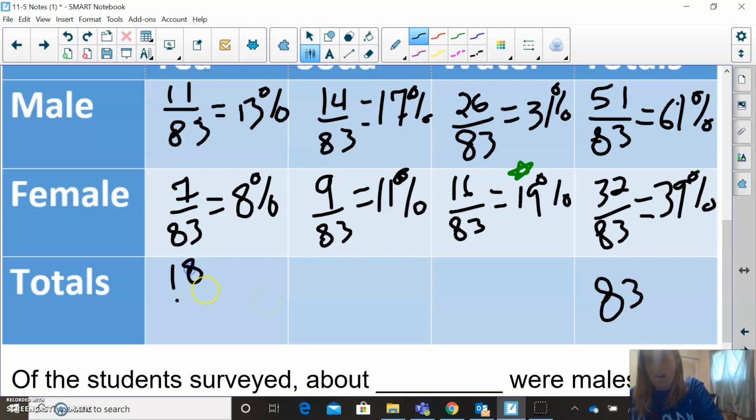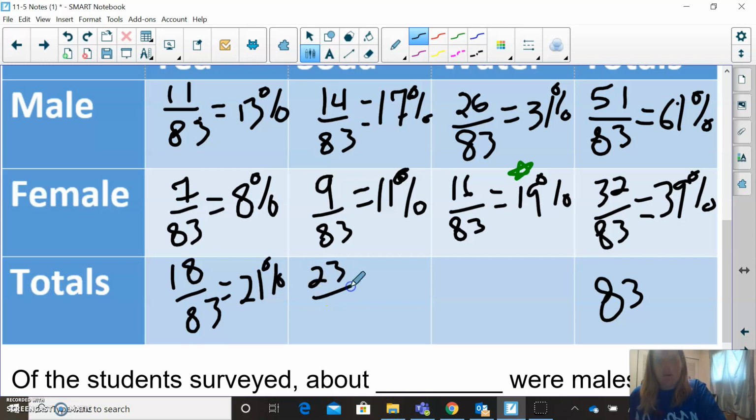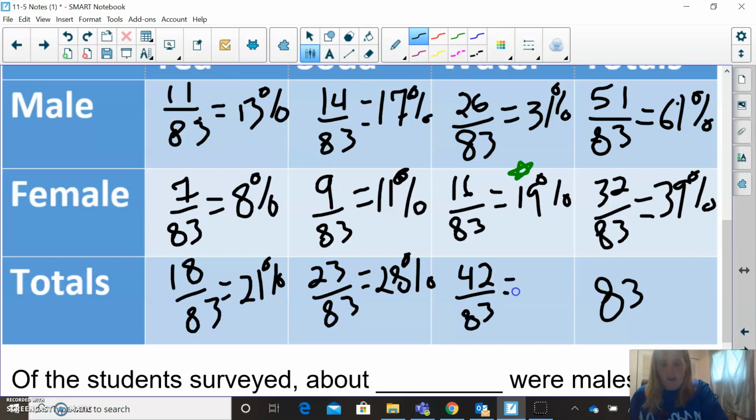We've got 18 over 83, which is equal to 21%. 23 total people chose soda, and put that over 83. That means that 28% chose soda. And then for the last one, 42 people chose water. So 42 over 83 equals 51%. And the very last box is 83 over 83, and that's 100%. Okay, guys.